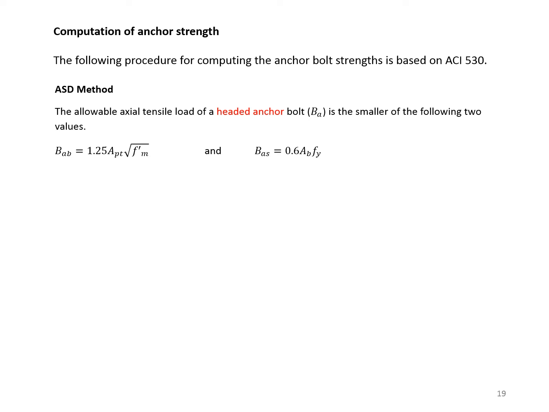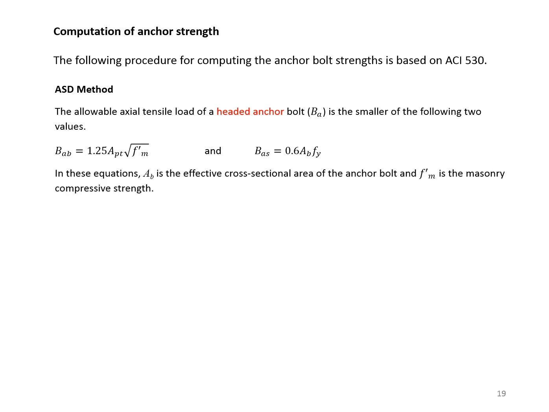BAB equals 1.25 APT square root of f prime m, and BAS is 0.6 AB FY. BAB is based on the masonry breakout while BAS uses the anchor bolt yielding. In these equations, AB is the effective cross-sectional area of the anchor bolt and f prime m is the masonry compression strength in PSI.